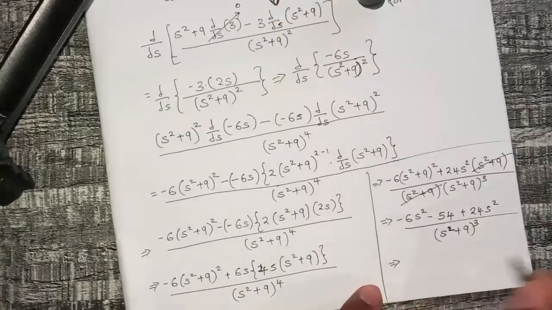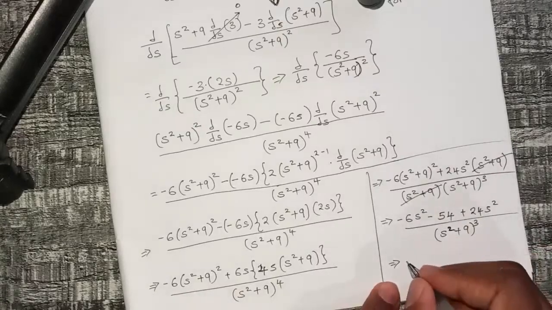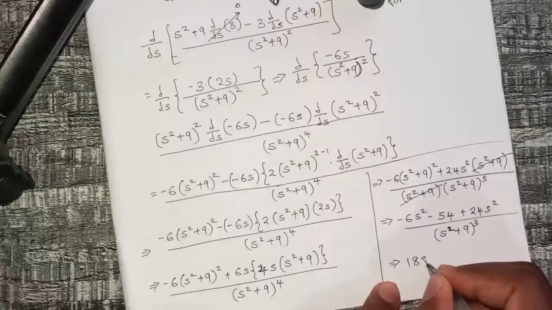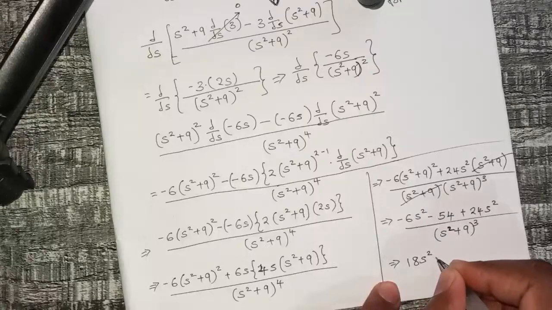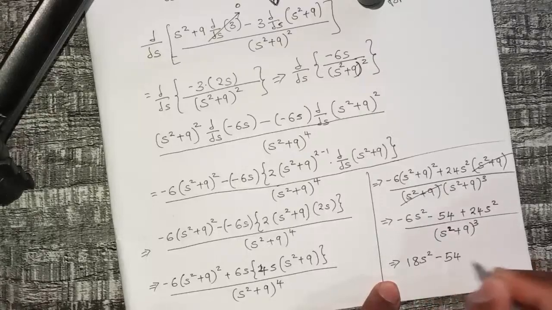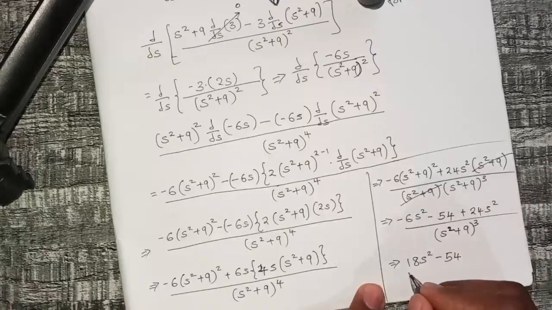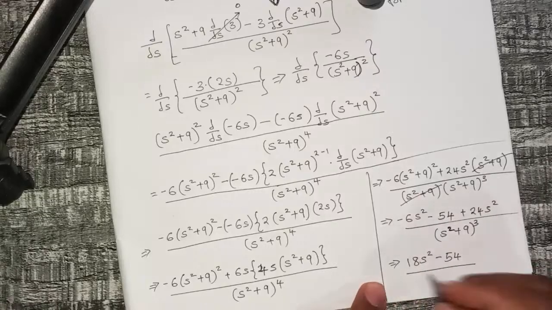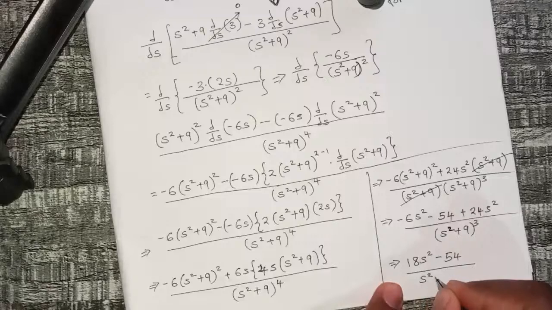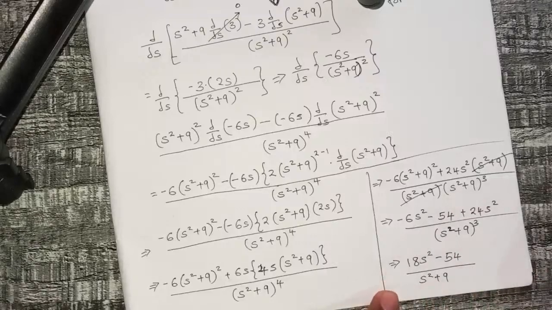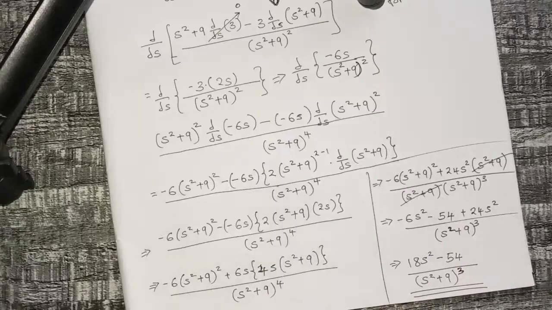And after you've simplified this, it will give 18s squared minus 54, everything divided by s squared plus 9, everything cubed. And that is the solution to the first part.